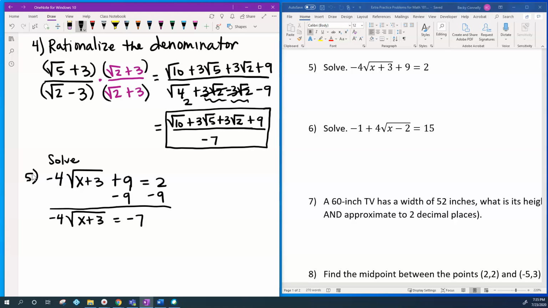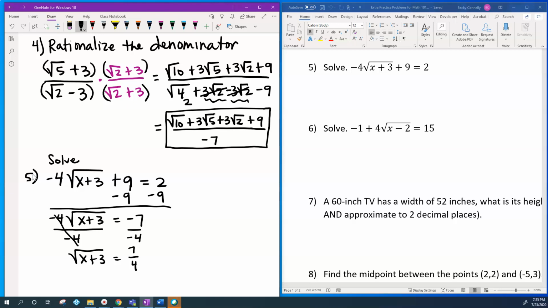All right, but the square root still is not by itself. Now we need to divide both sides by the negative 4. And so that gives us square root of x plus 3 equals positive 7/4. Right? And then how do we undo that square root?